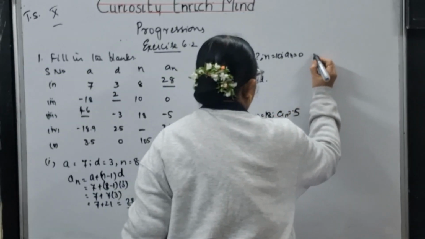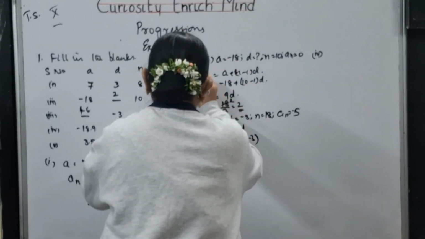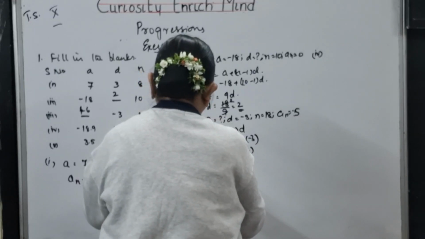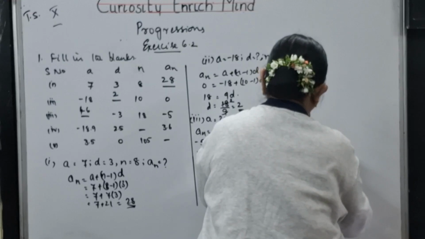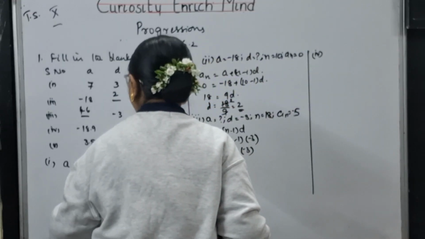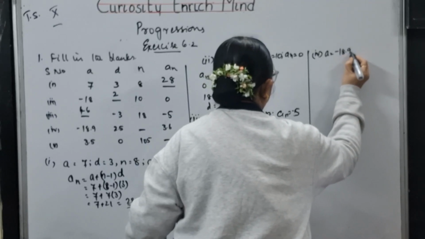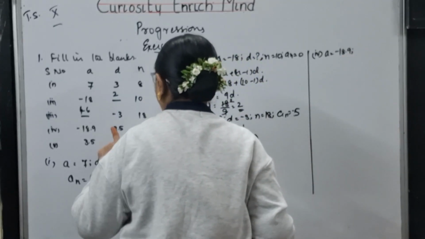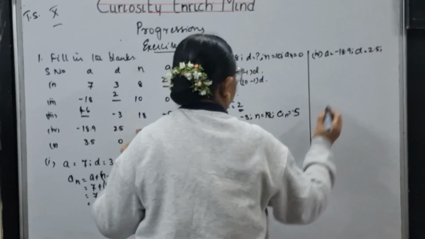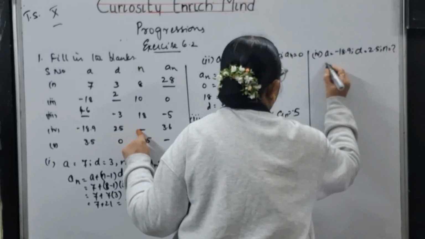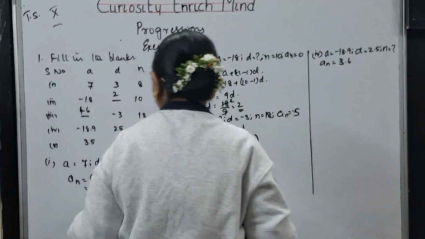Now, fourth bit. Let me draw the lines so that it is easy for you to identify the sums. So, fourth one, A is equal to minus 18.9 and D is equal to 2.5. N we have to find out and AN is given as 3.6.